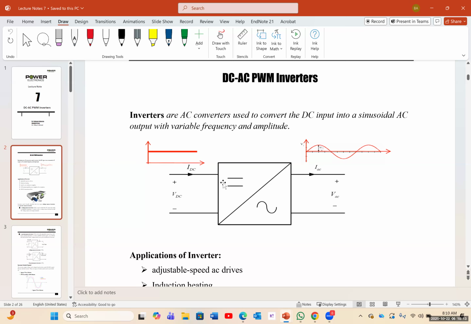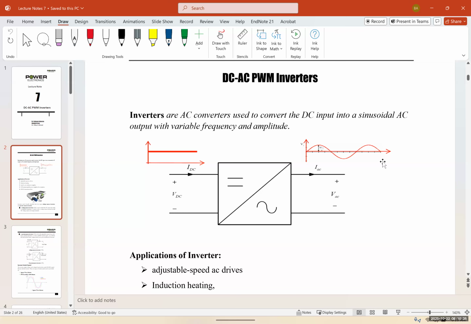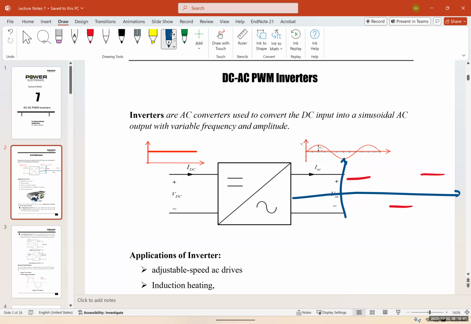This is the block diagram that we show for an inverter. You can see the DC input, and we're going to have an AC output. Again, the output could also be a pulsating square signal as well.